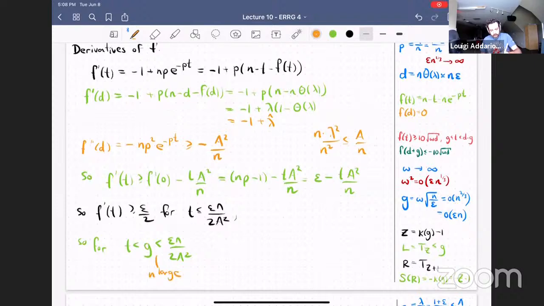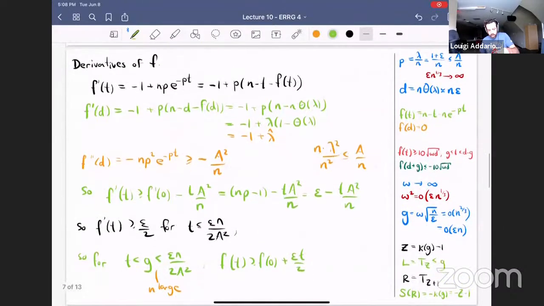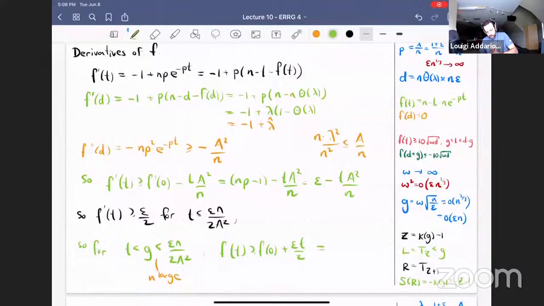Okay, so for t like that, f of t is at least f of 0 plus derivative epsilon over 2 for time t, epsilon t over 2. And f of 0 is just 0. So this is a lower bound of epsilon t over 2 for t at most g.